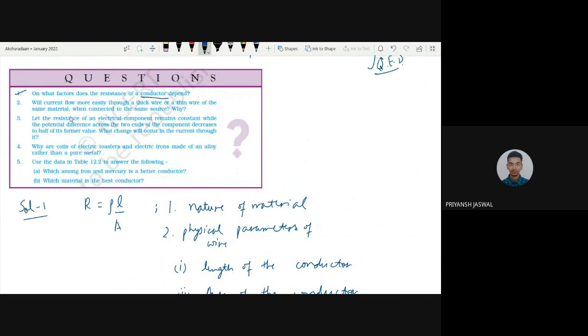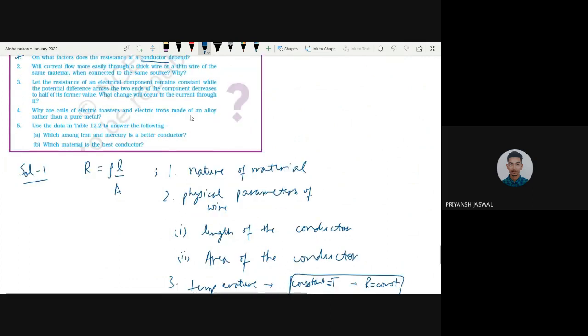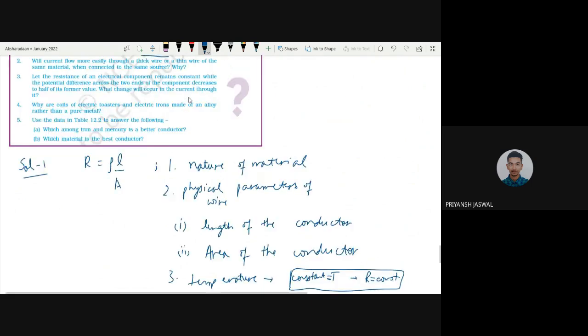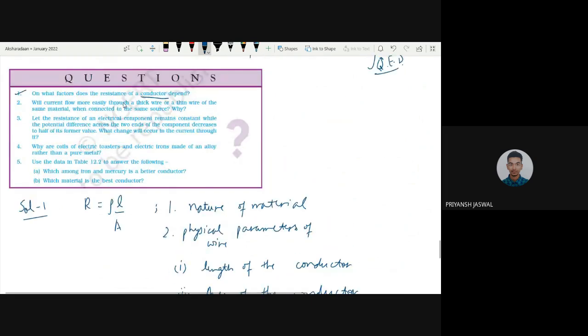Second question is, will current flow more easily through a thick wire or a thin wire of the same material when connected to the same source? Why?